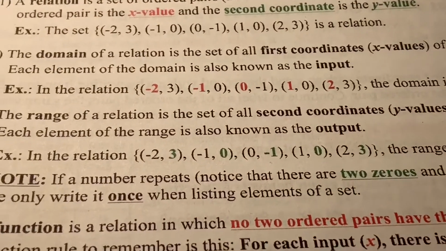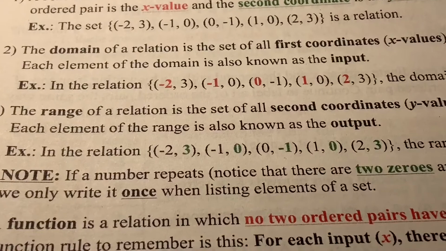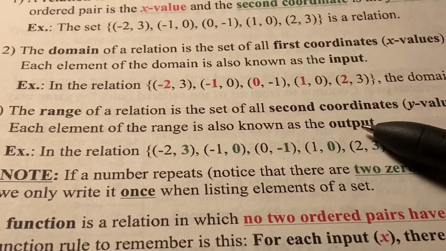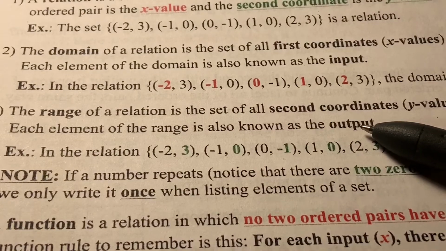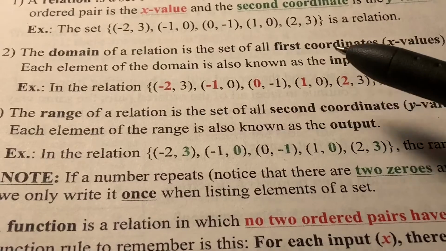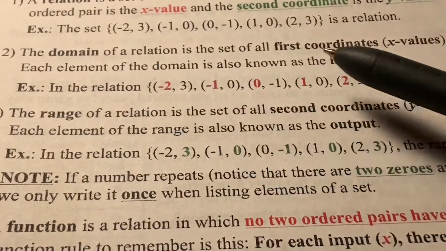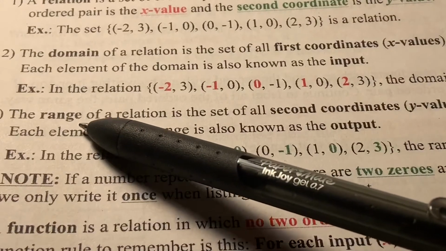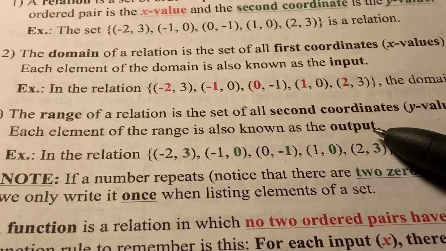Okay? Each element of the range is also known as the output. Okay? So one thing you know about math is it's all about patterns, right? So if the domain is called the input, then the range is called the output.